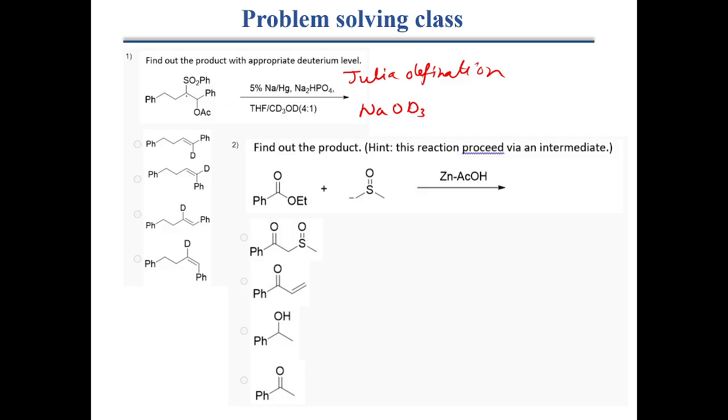This will abstract this proton as it is acidic. After the E1cB mechanism, this OSO2Ph will leave, giving this alkene.